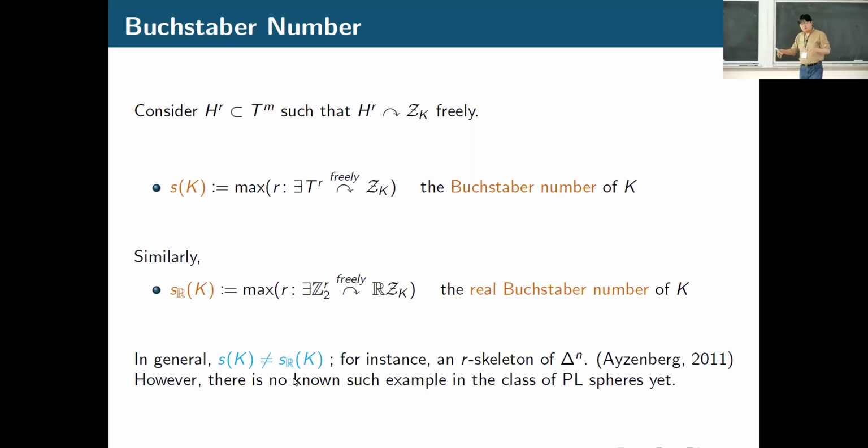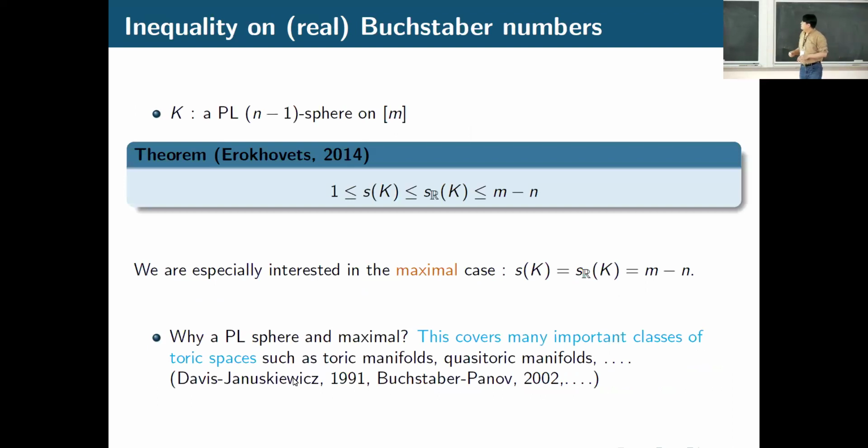But if we restrict our attention to the class of polytopal cases, then we do not have an example yet. Even if you consider a slightly wider class, the piecewise linear spheres, we still do not have any counterexamples.